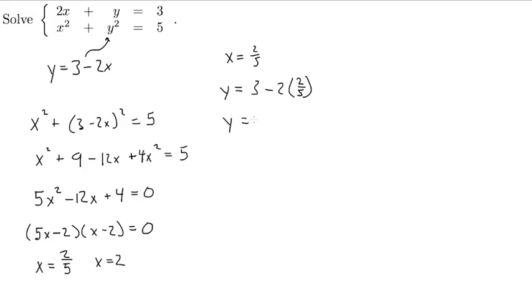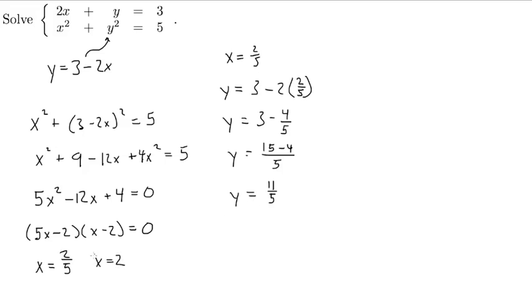So y equals 3 minus 4/5. So that's going to be, let's see here, 3 is 15/5. So y is going to be 11/5. So if x is 2/5, y is 11/5.